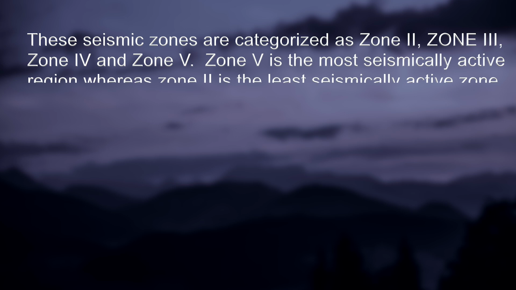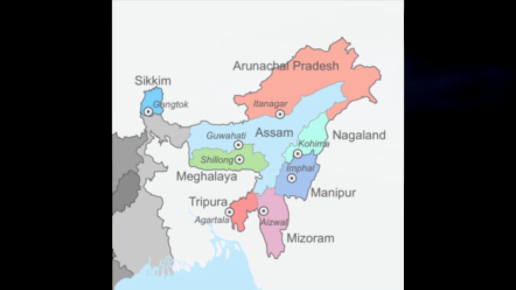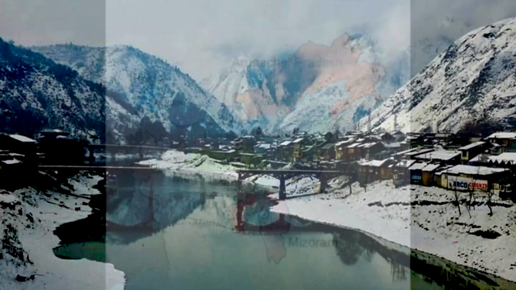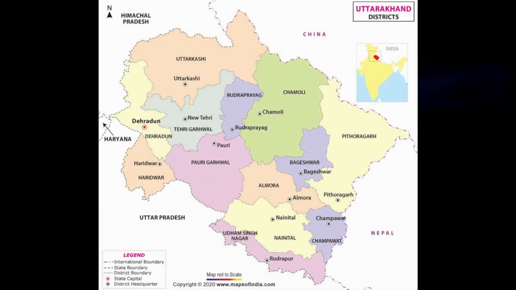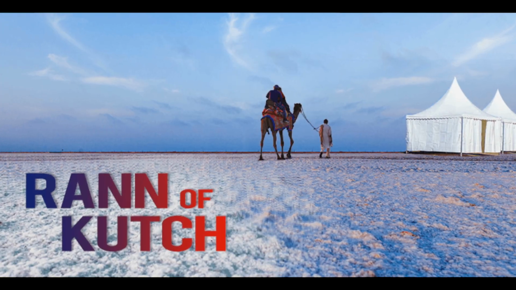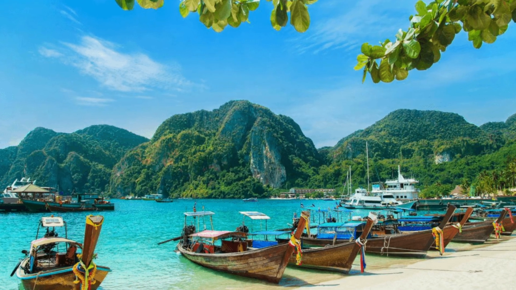Zone 5 is the most seismically active region, whereas Zone 2 is the least seismically active zone. Zone 5 comprises the entire Northeast India, parts of Jammu and Kashmir, Himachal Pradesh, Uttaranchal, Rann of Kutch in Gujarat, parts of North Bihar and Andaman Nicobar Islands.